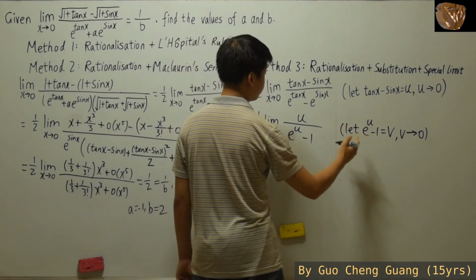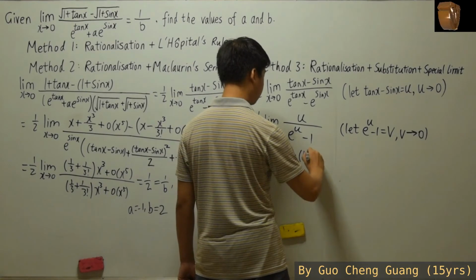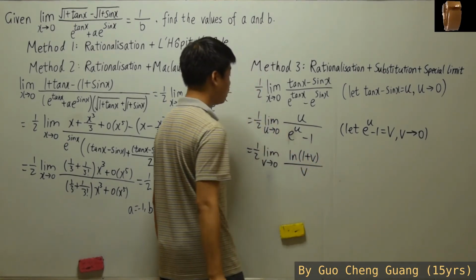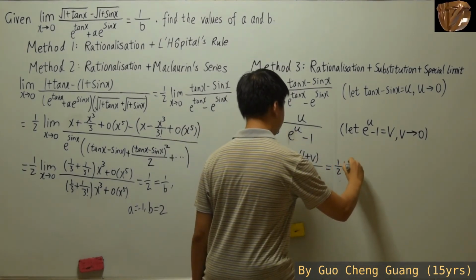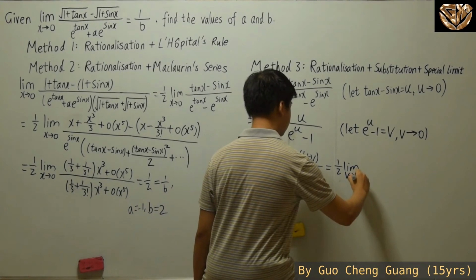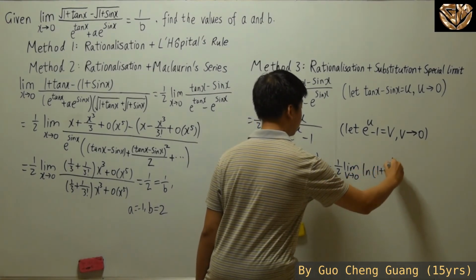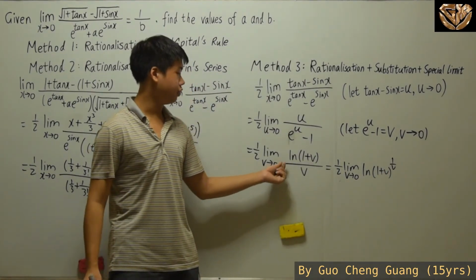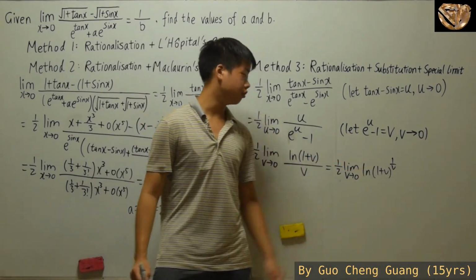U is going to be ln of 1 plus v. So we're going to have ln 1 plus v, and this is divided by v. So let's change it a little bit, shall we? This will be half, limit v approaches 0, ln of 1 plus v to the power of 1 over v. Since this over v would actually be a 1 over v multiplied onto ln, which then can be put up into the power as 1 over v.